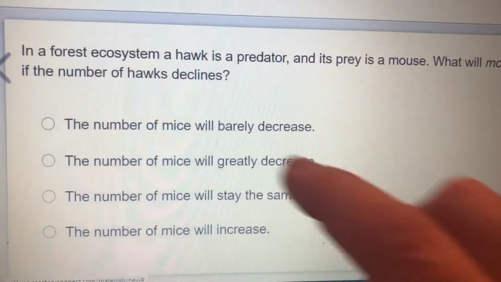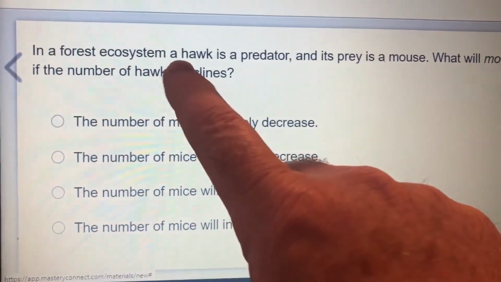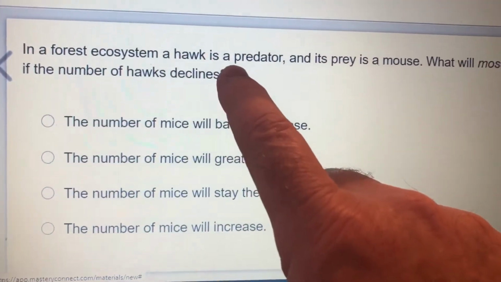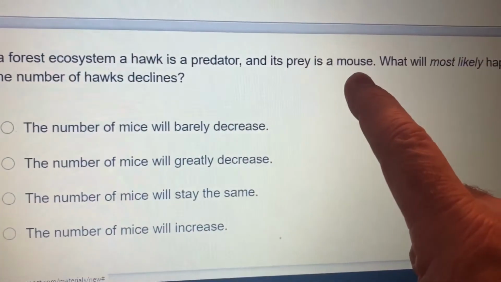So notice how we go step by step, making sense of things, okay? We don't just read and answer. We make sense using the knowledge that we already have in our brains. All right, let's look at this question. In a forest ecosystem, a hawk is a predator and its prey is a mouse.